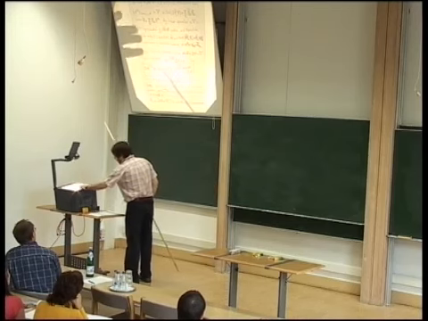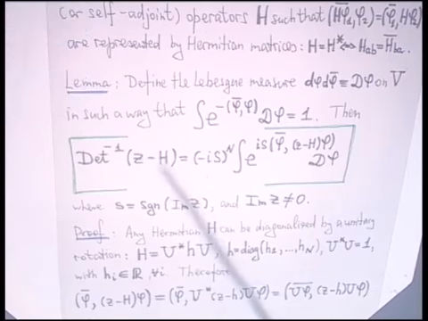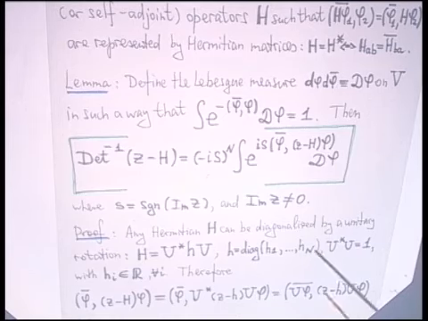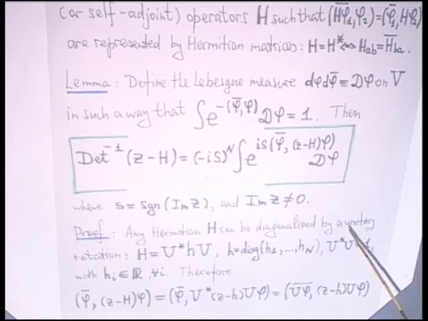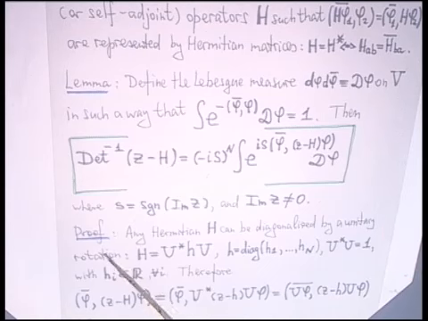Although Leonid, I think, did not discuss this, for him it was not necessary, I hope that from a general linear algebra course, you should be aware of the following fact, that any Hermitian matrix H can be diagonalized, brought to a diagonal form, by a so-called unitary rotation or unitary conjugation, by conjugation by unitary matrices.